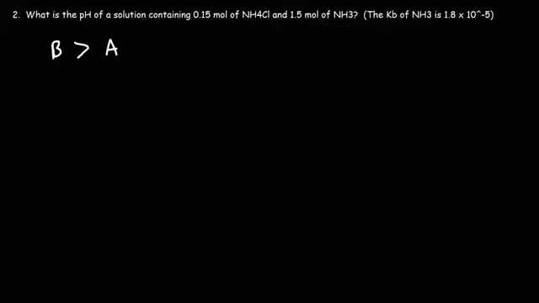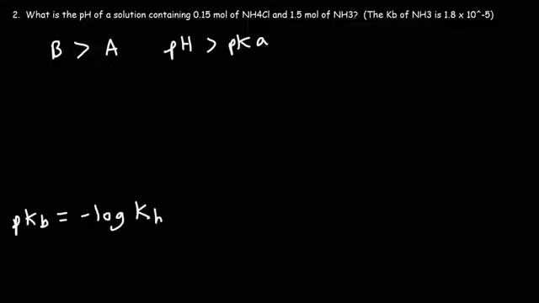So what can we say about the pH and the pKa? The pH is going to be greater than the pKa because we have more of the base than the acid. Let's go ahead and calculate the pKa. We're given the Kb, so we need to calculate the pKb first. pKb is negative log of Kb.